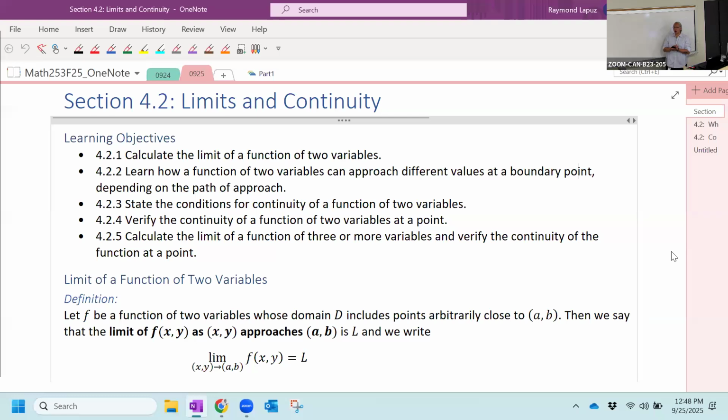But in terms of limits, more importantly in this class and in this section, there are strange things that can happen with limits when we look at them in the context of surfaces.